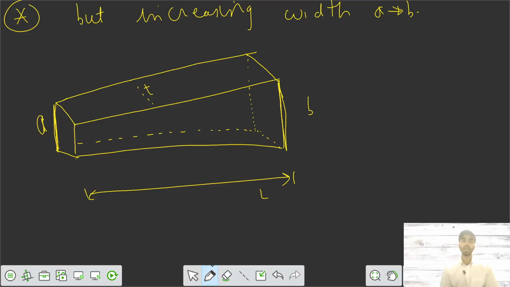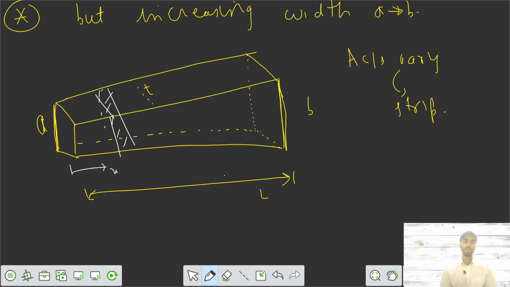So since your area cross section is varying, what you need to take? You need to take a strip. Let's say at an X from A, you take a strip, this one. Suppose the width here is Ax. You take strip dx, and the width at X equals, I will write it as Ax.